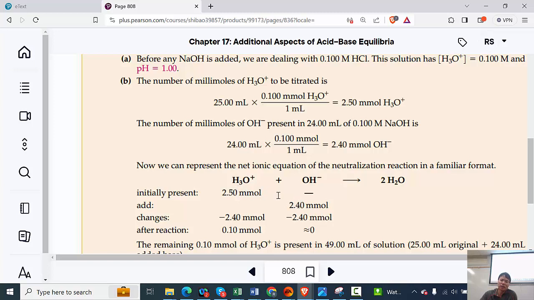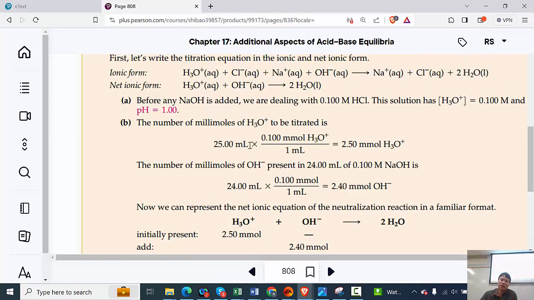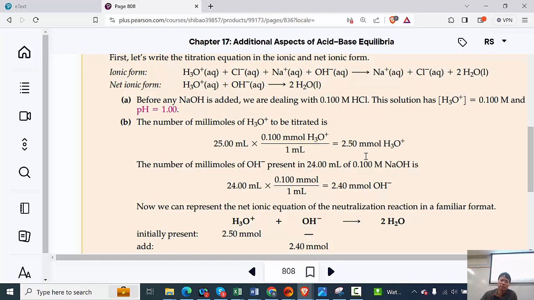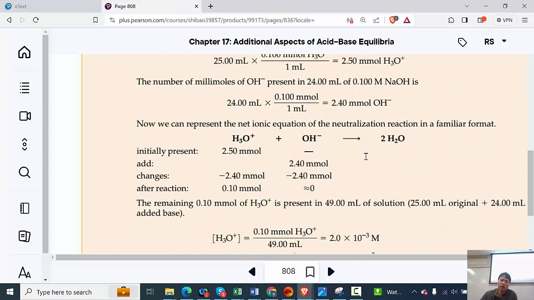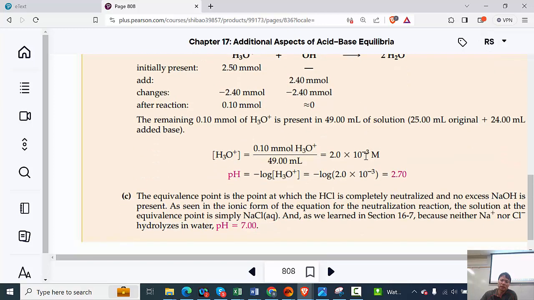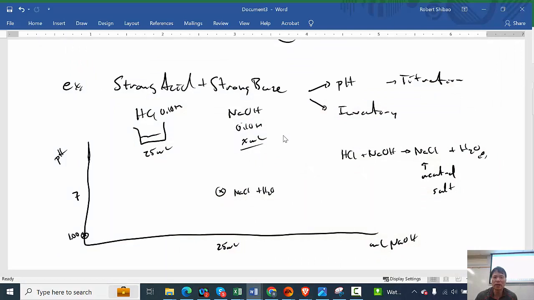Your book likes to use millimoles. You could do either way. Millimoles is a simple calculation. You take milliliters times molarity gives you millimoles. I do it with molarity, so I'm going to deviate from how the book does it and use molarity instead.